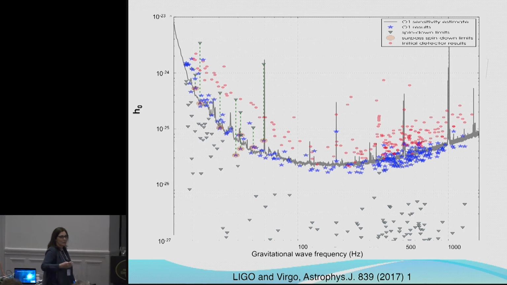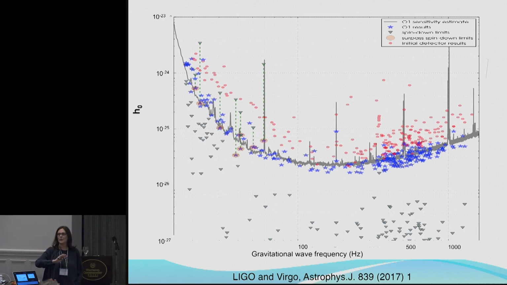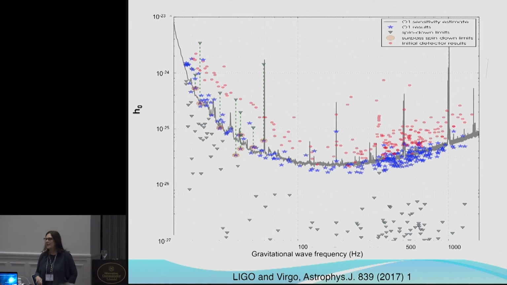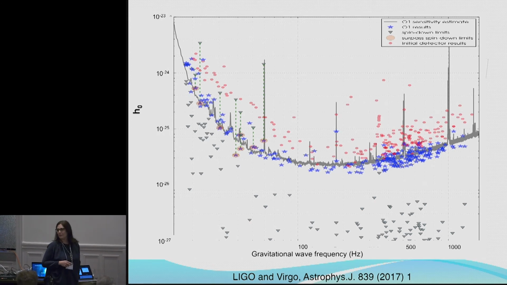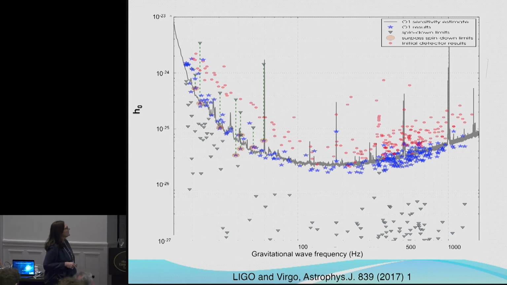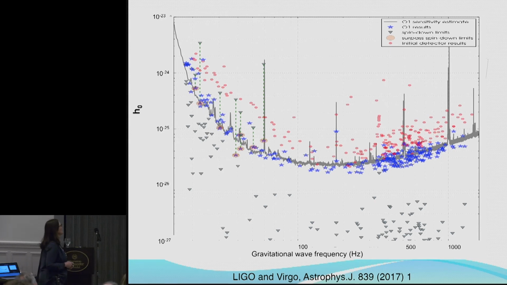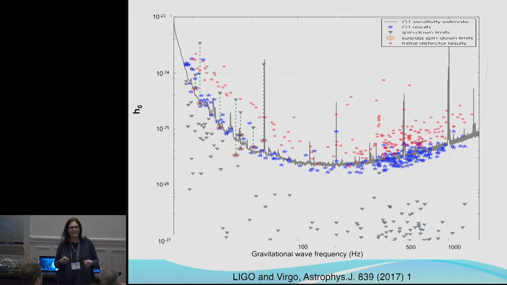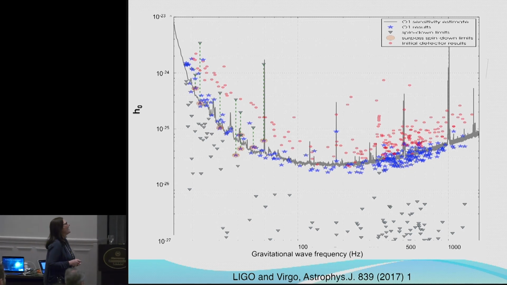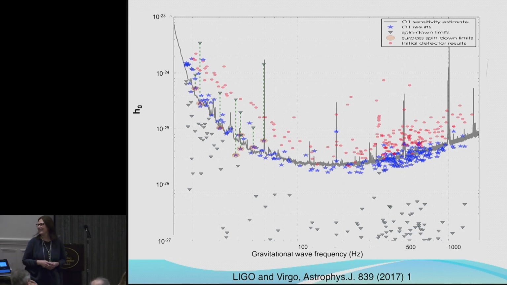So under the assumption that all that lost kinetic energy goes into gravitational wave emission, knowing the distance of each of these sources, we can derive what the h0 would be that would sustain such emission. And this is what these little triangles are. So for every one of our measurements, there is a corresponding triangle. And our measurements are informative only if the triangle is above the star.